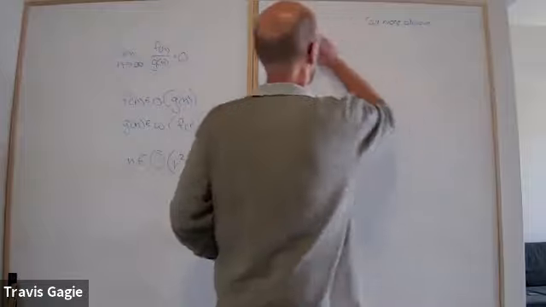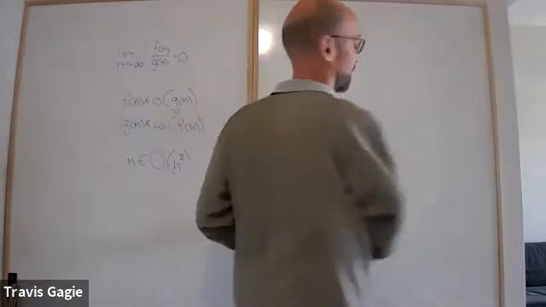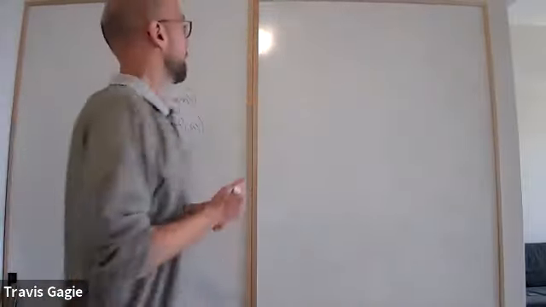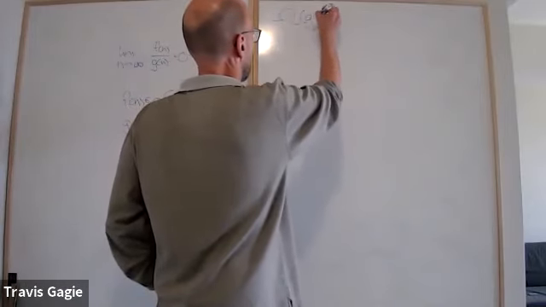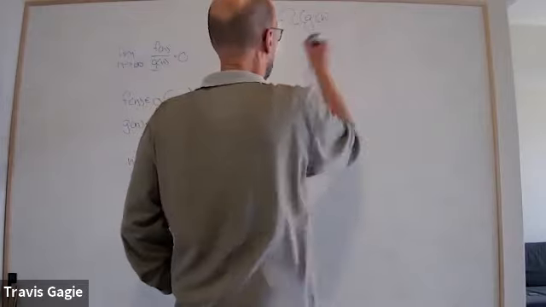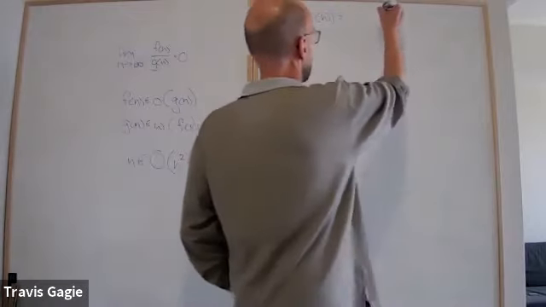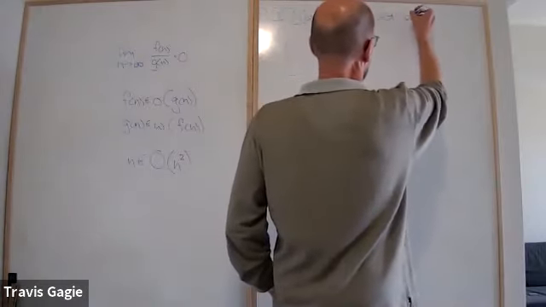Okay, what about big omega? Big omega of g of n equals, well, this is at least about.